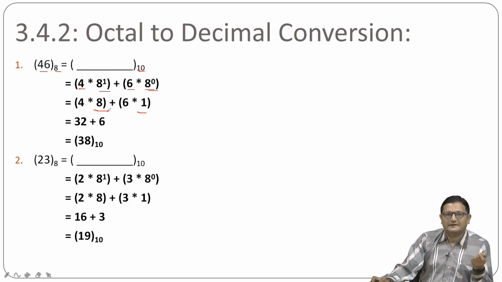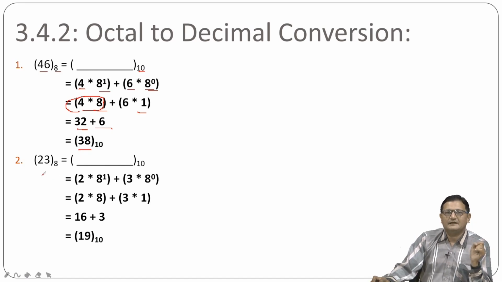So now you can see here 4 into 8 makes 32, so I have written 32 here. 6 into 1 makes 6, so 6 is written here. 32 plus 6 is 38. So 38 is the decimal number of the octal number 46. If we are converting 46 octal into decimal, we need to write 38.